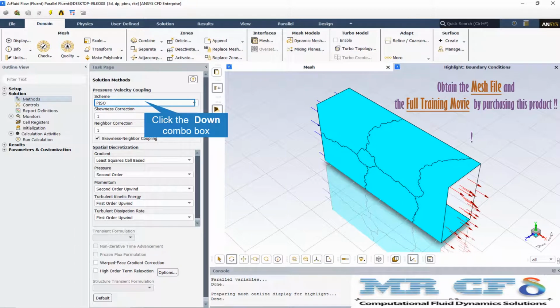The pressure implicit with splitting of operators, or PISO, pressure-velocity coupling scheme, part of the SIMPLE family of algorithms, is based on the higher degree of the approximate relation between the corrections for pressure and velocity.